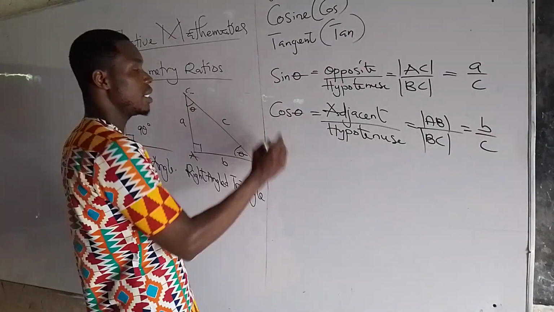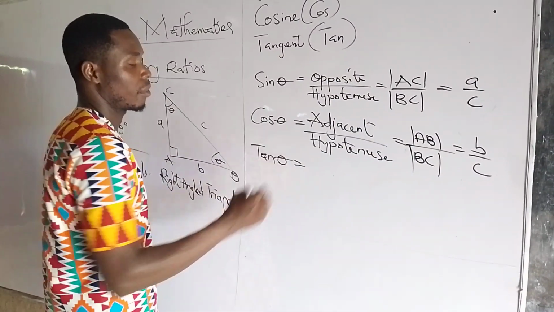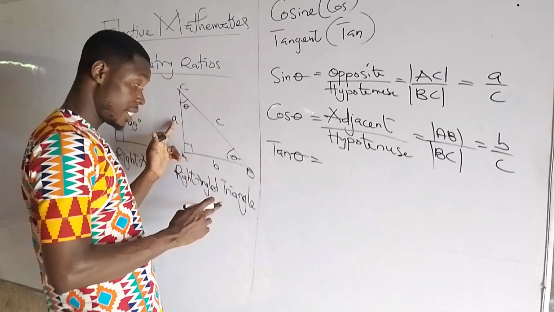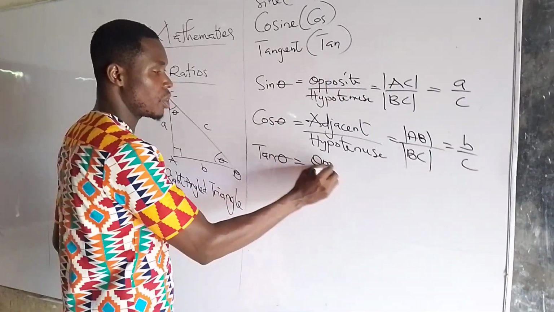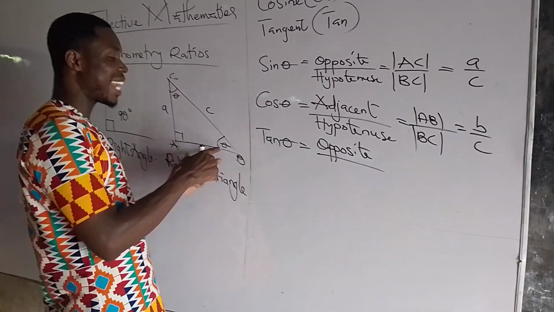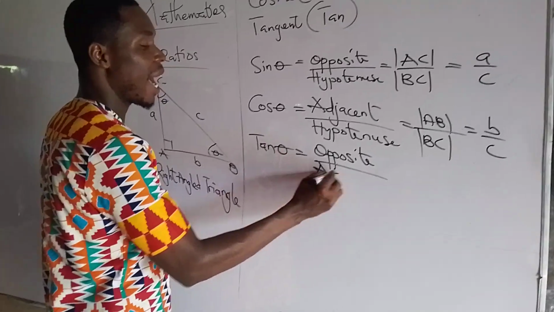Then the last but not the least is tan theta. Tan theta is also, where is the angle facing? It is facing AC, which we know is the opposite. So opposite over where the angle is lying on. It is lying on AB. So we have opposite over adjacent.